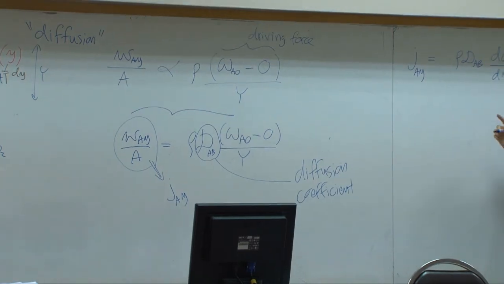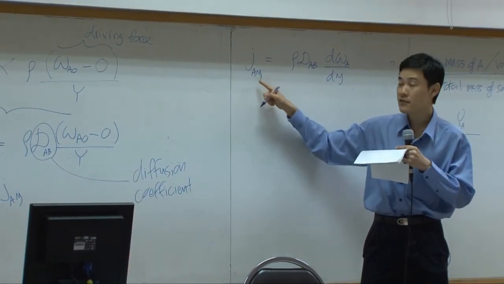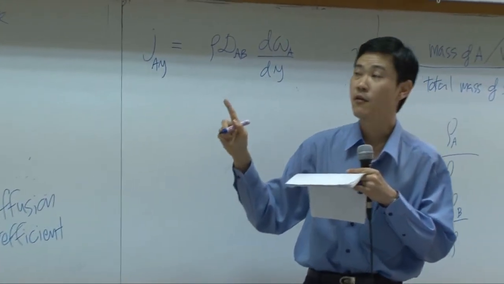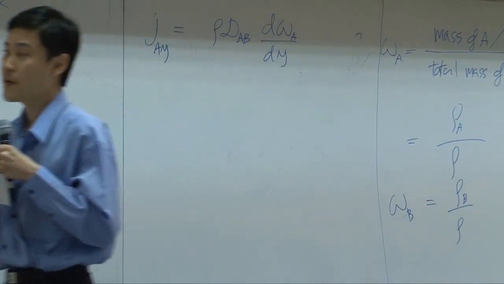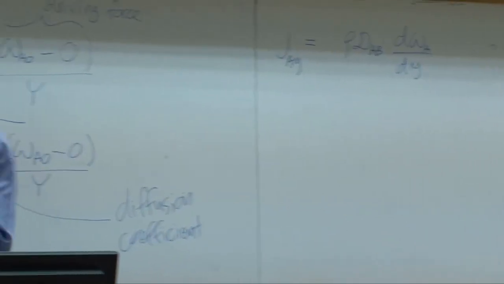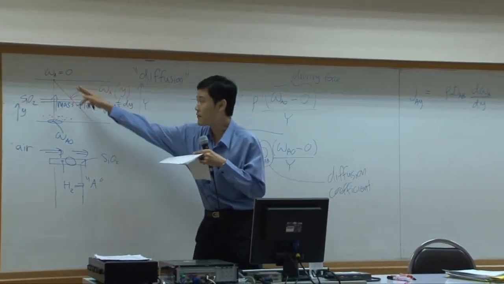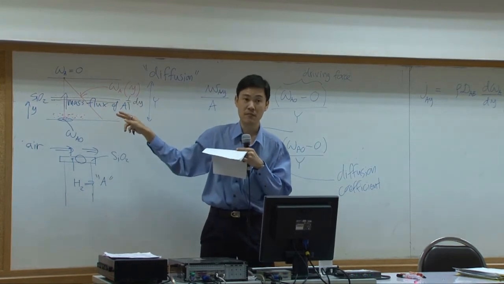Okay? Now if you look into the sign, or the direction, the flux of A in the y direction, according to this picture, is going in the positive y direction. It's going up, so the mass flux is supposed to be a positive number. On the other hand, the d omega by dy term here is the slope of this line, and this line has a negative slope.